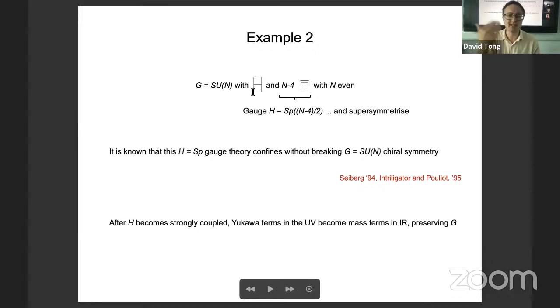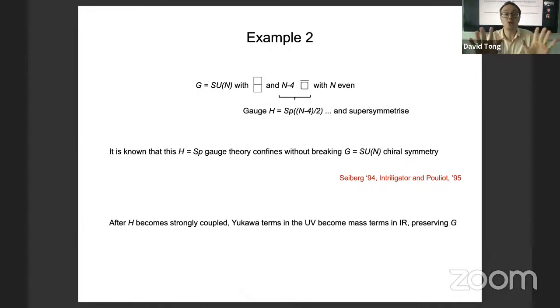What do I do? There's actually various ways I can proceed. Here's the simplest. What I do is I take this H equals SU(N-4) symmetry here, and I gauge it. But I don't gauge the full H, I gauge this symplectic subgroup, where this divided by 2 is the reason why I wanted N to be even.